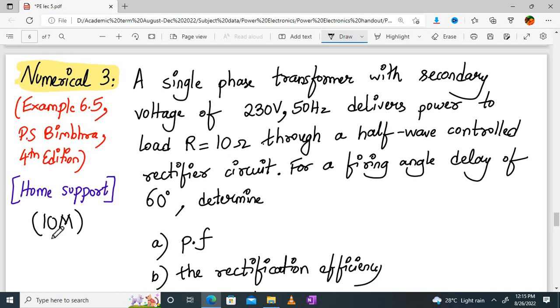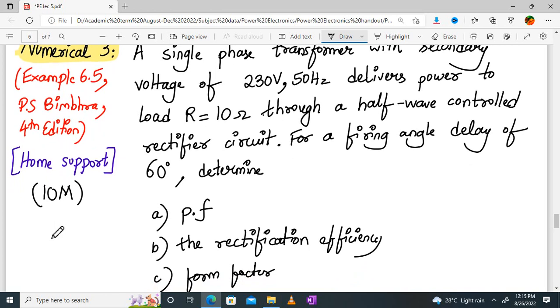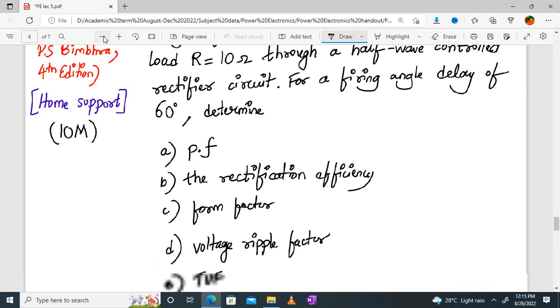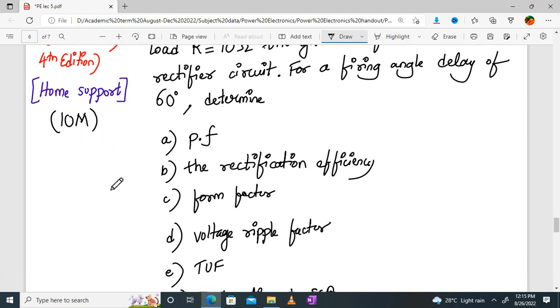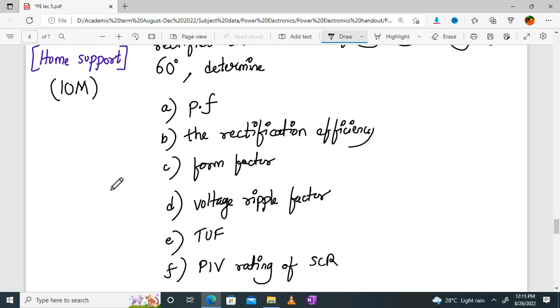Okay? Determine the power factor first, second rectification efficiency, third form factor, then voltage ripple factor, TUF and PIV rating of SCR.